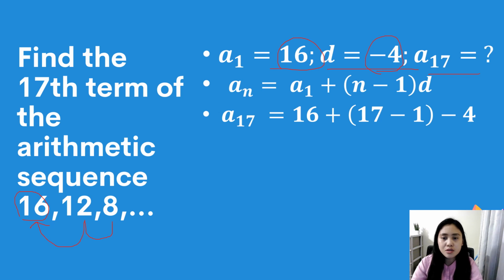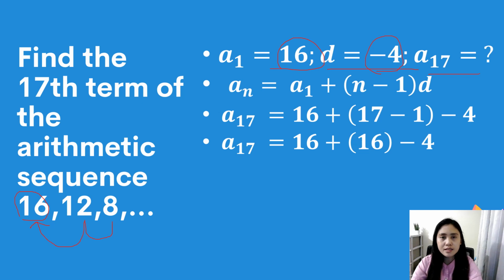So the next solution should look like this. A sub 17 equals 16 plus 16 times negative 4. The next step is to multiply 16 and negative 4. So the next solution should look like this.